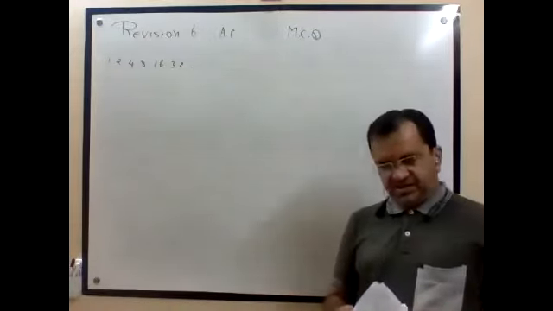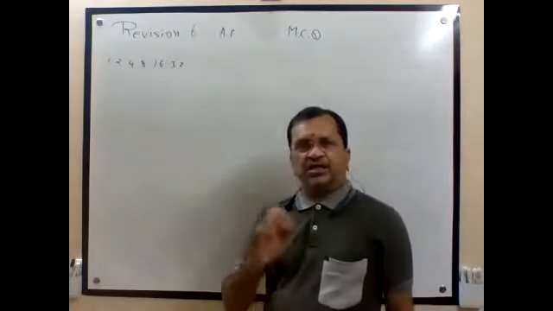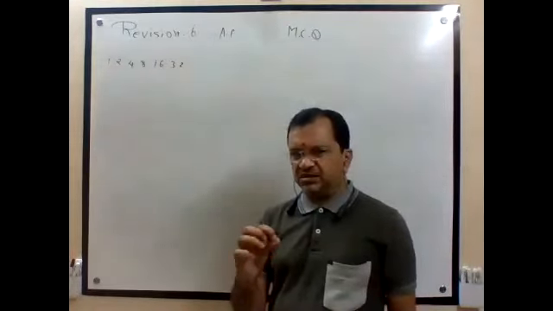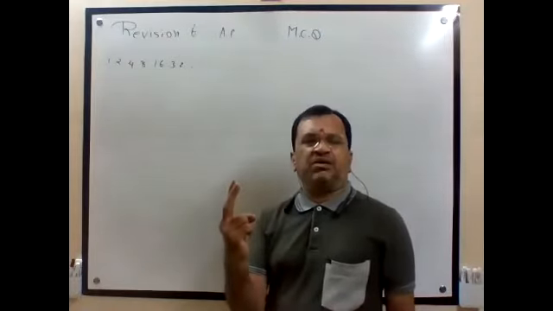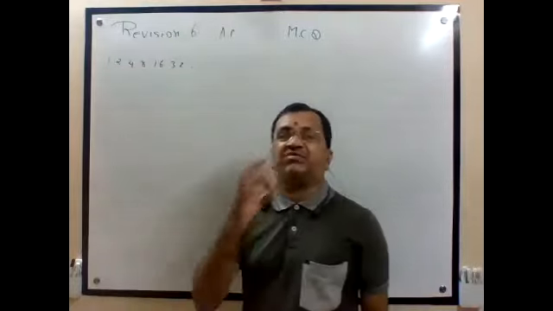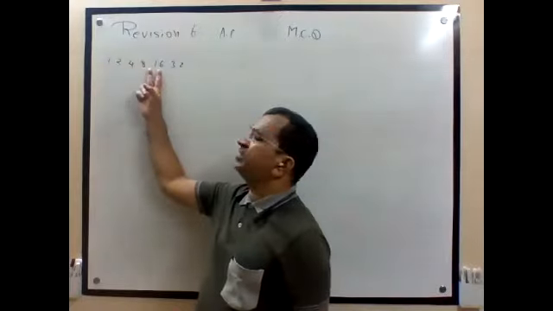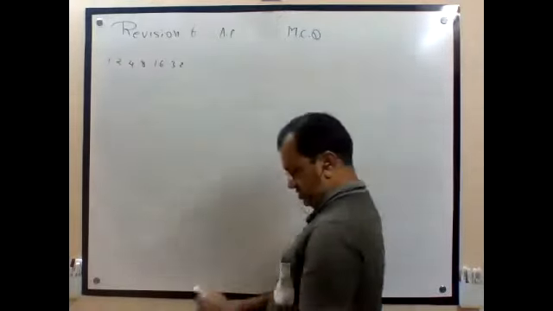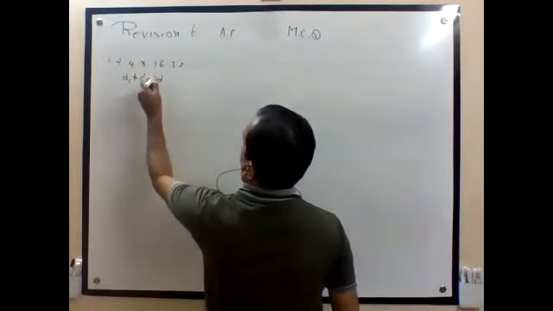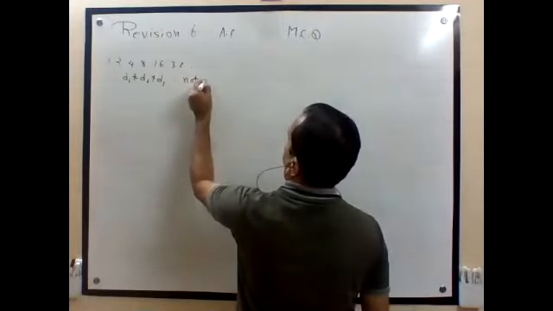Is it AP? The question is, is it AP? It is only doubling. Arithmetic progression, AP, means between any two consecutive numbers, the difference should be equal. Here the difference is 1, here 2, here 4, here 8. So D1 is not equal to D2, is not equal to D3. Therefore, not in AP.